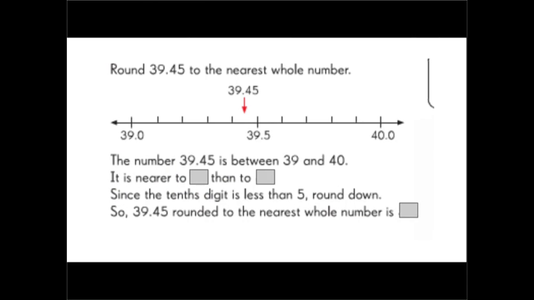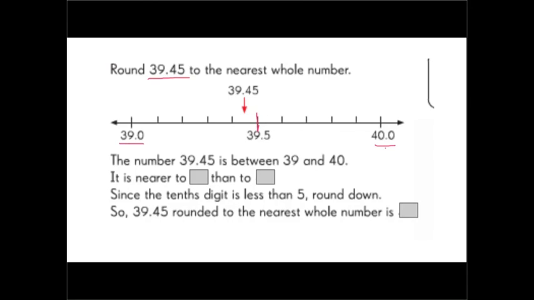Skip that example. And now we're going to go to hundredths. When we come back to this slide, we see that we are looking at 39 and 45/100ths, but we're still talking about the nearest whole number. So 39 is the whole number below, and the next whole number is 40.